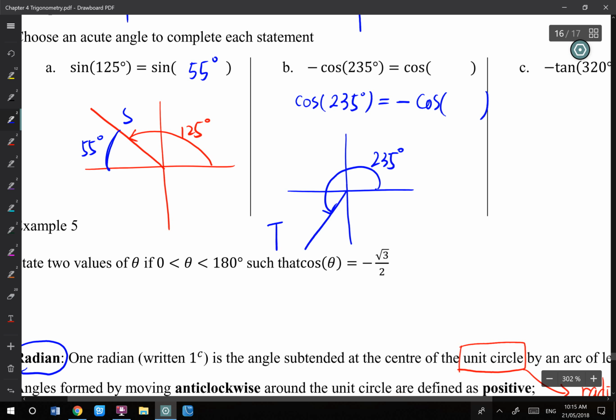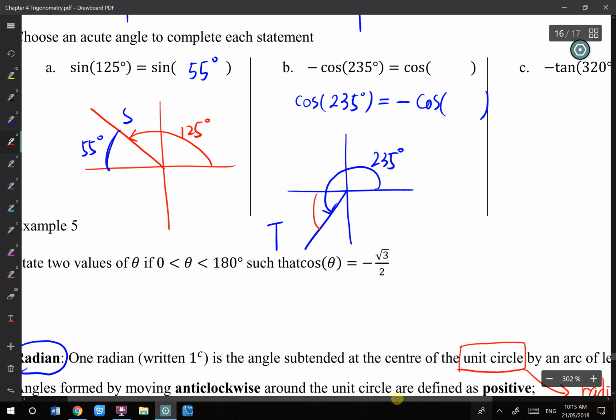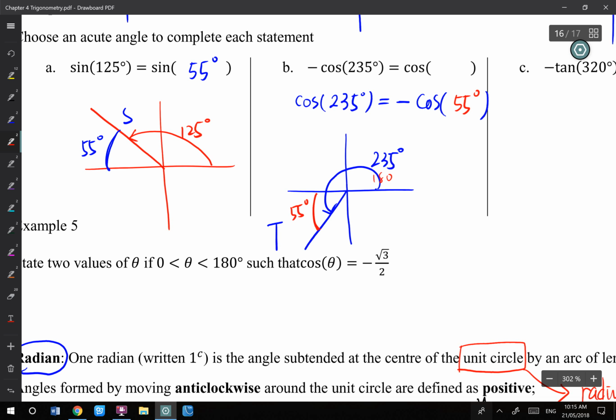That's why we have the negative. Now I want the angle here. So I minus 180 and I have 55. So 235 minus 180 gives me 55 as the reference. So I change this angle to the reference angle, and because it's the tangent quadrant, that's a negative. That's what we'll have.